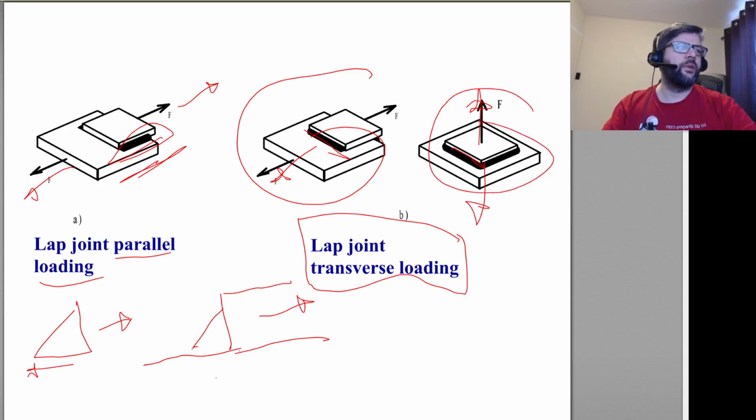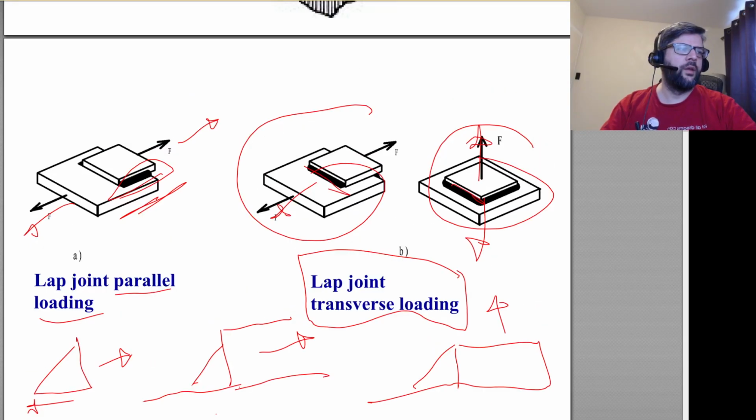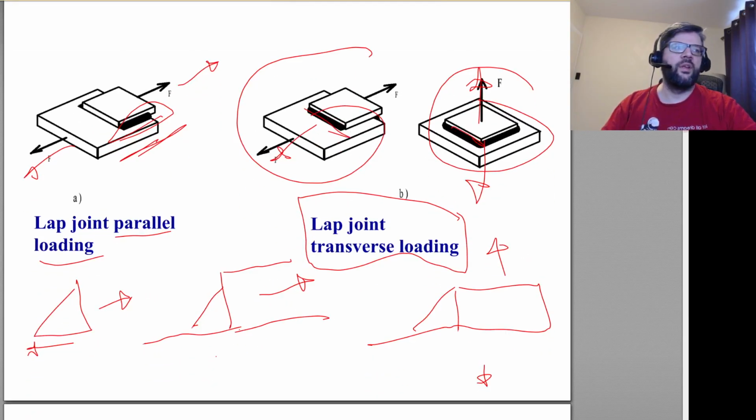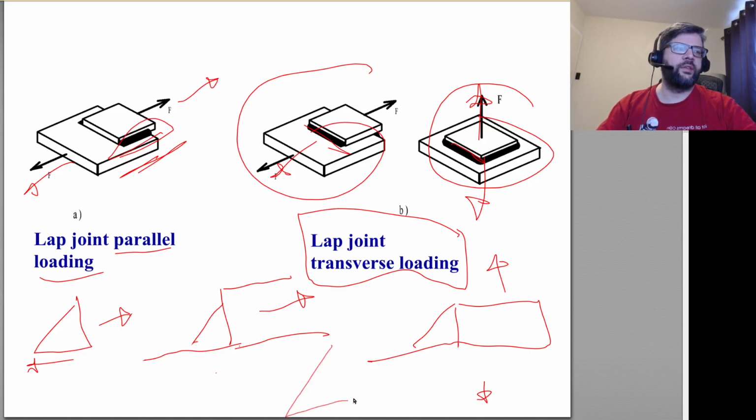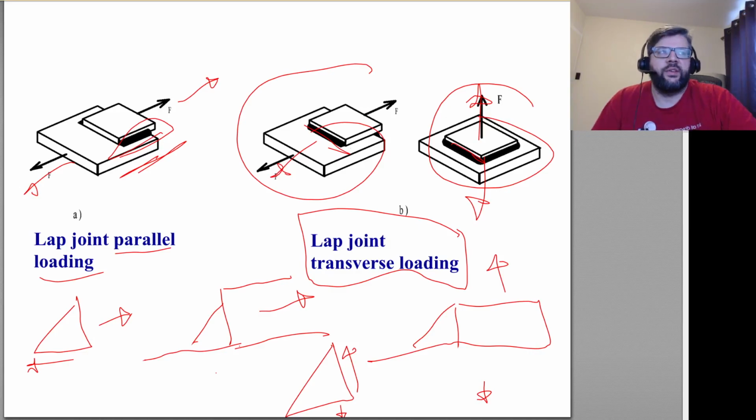Whereas if we have a loading situation like this, then we've got one face that's being pulled this way and another face that's being pulled down this way, and that's basically the same thing. It's just rotated. Looking at it from a different side, it's still one face that's in tension and one face that's in shear.